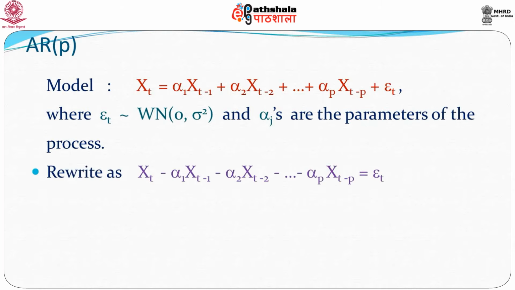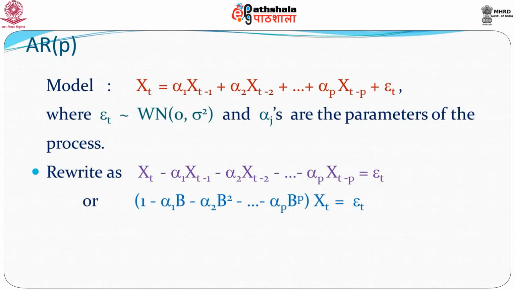Let us rewrite this model by bringing in the regressors to the left hand side. So, we write x t minus alpha 1 x t minus 1 etc. up to minus alpha p x t minus p, and this we equate to the innovations epsilon t.